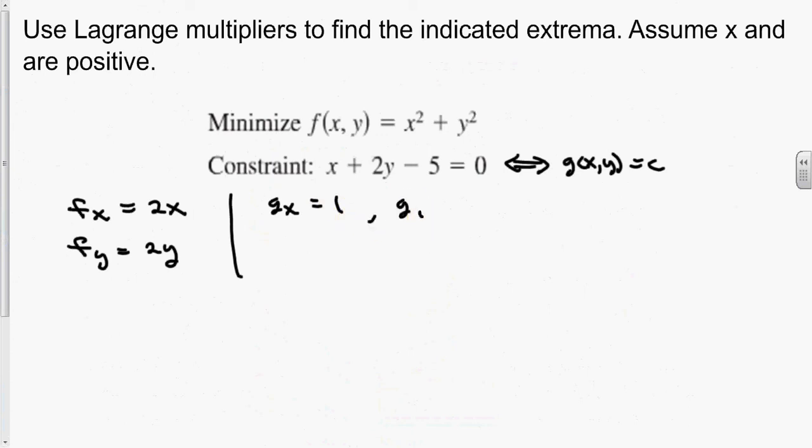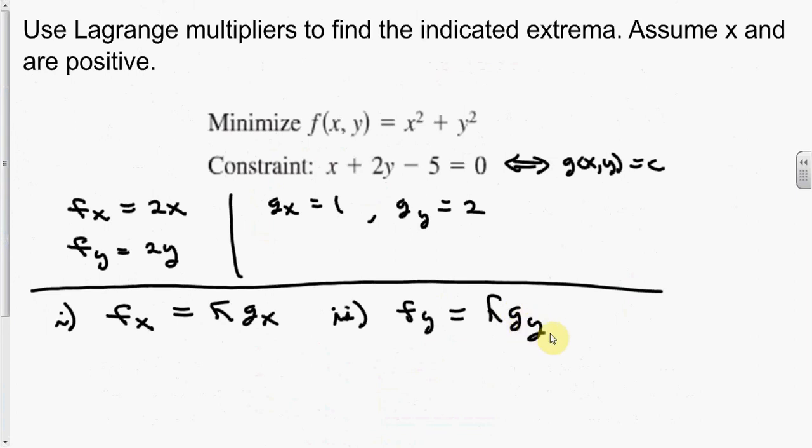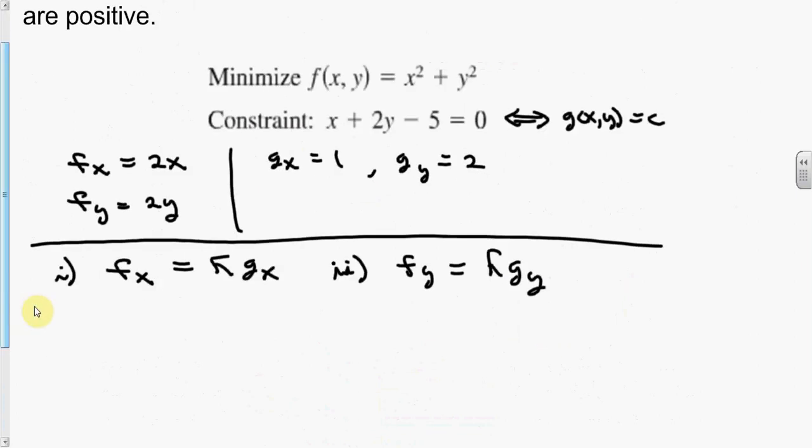The partial of g with respect to y is 2. So the method said to take the partial of f with respect to x and set that equal to lambda times the partial of g with respect to x. And then secondly, the partial of f with respect to y is equal to lambda times the partial of g with respect to y.